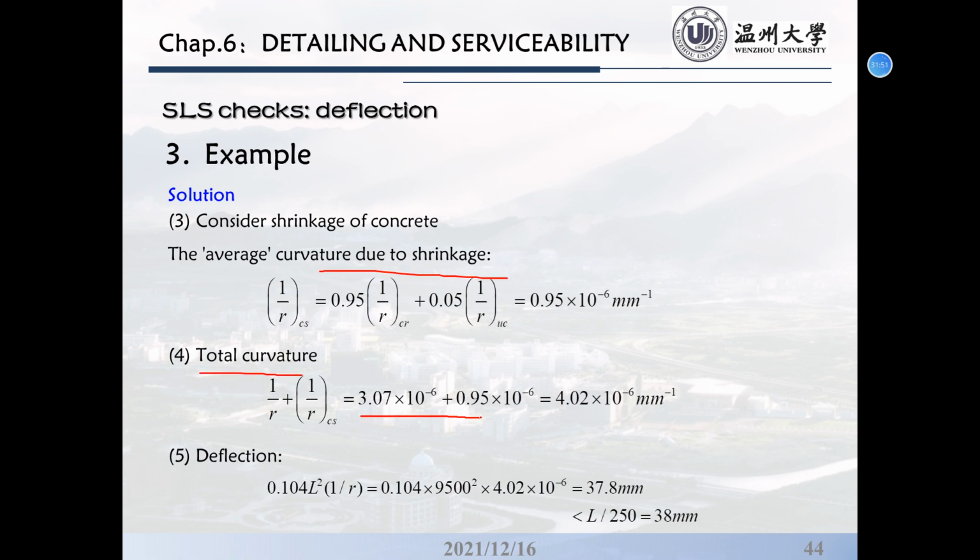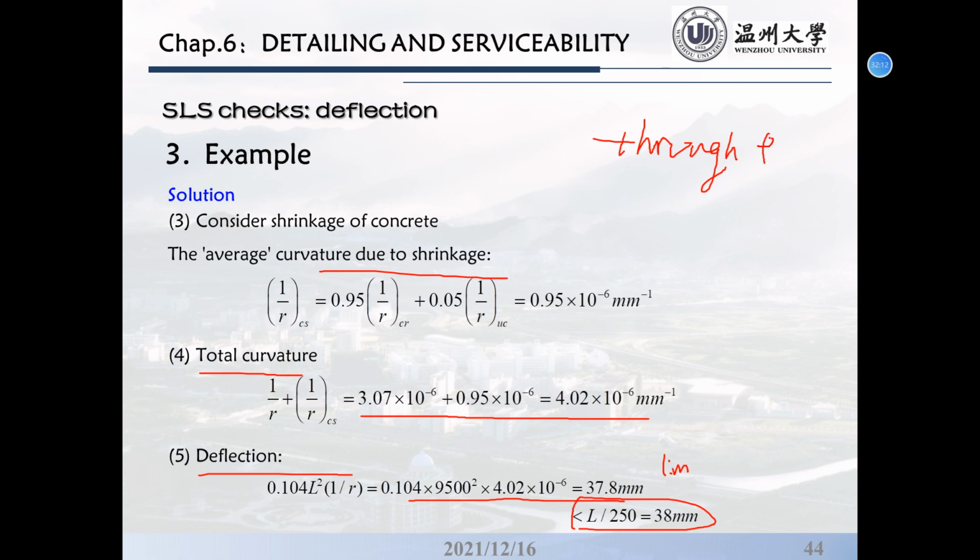Total curvatures, the deflections smaller than the limit, so it satisfies the serviceability limit state. So through these examples, I hope they help you to know the deflection check. Okay, students, please read the examples. Today's class is over. Thank you.